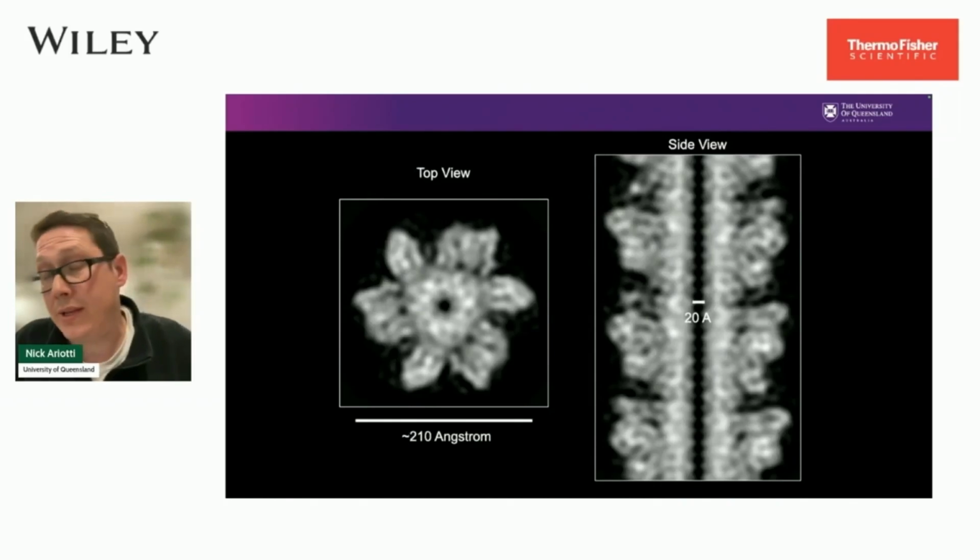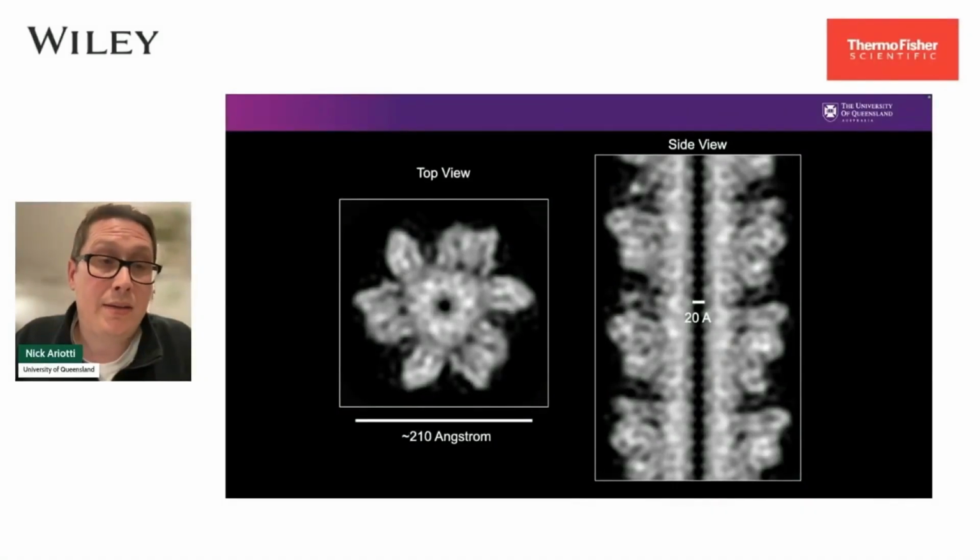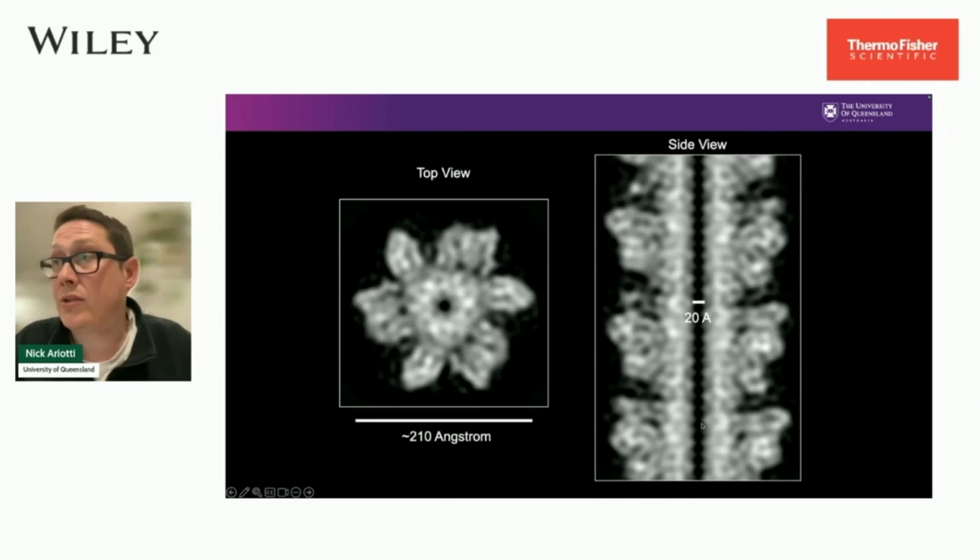This includes an N-terminal pyrin domain, a linker domain, a C-terminal CARD, and a C-terminal GFP tag. Importantly, the central pore resembles exactly what others have characterized previously for the pyrin domain. We've got 20 angstrom spacing between our central helical arrangement of our pyrin domain.